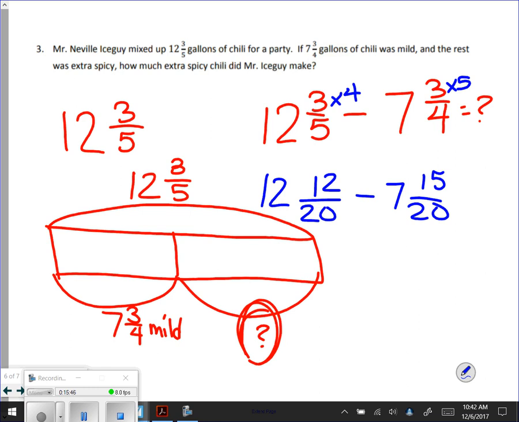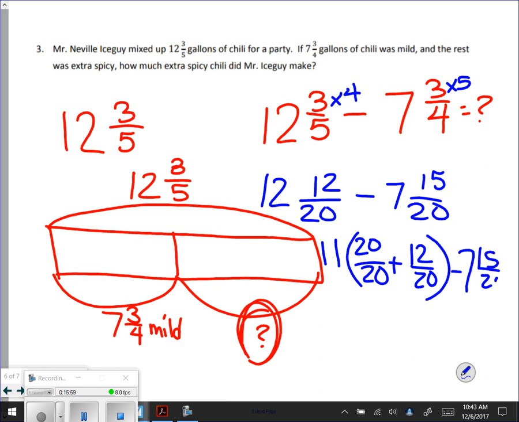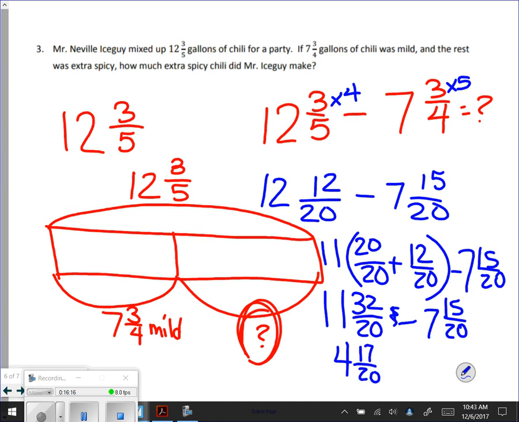So the 12 will become an 11. 20/20 plus 12/20. Sitting's not hard, Jonathan. So it's 11, 32 over 20, oops, minus 7, 15 over 20, with 4, 17/20.